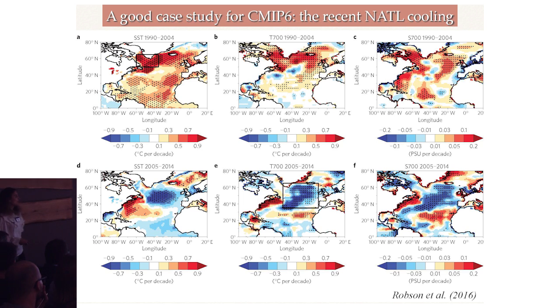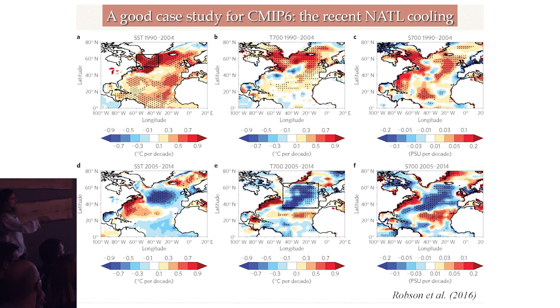So something we might predict in the future, and just here something quick about what we want to look for in CMIP6. The runs are not done yet, they're not ready, but something happening now that we want to look at in the next decadal prediction is the North Atlantic cooling, and I think you will hear more about this on Thursday.